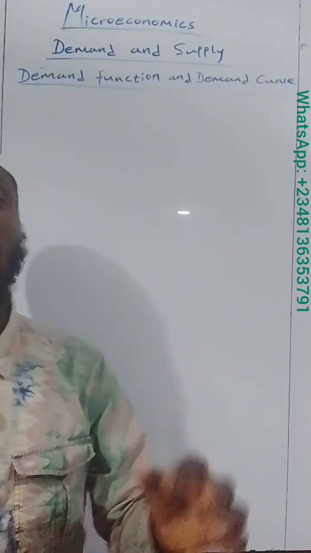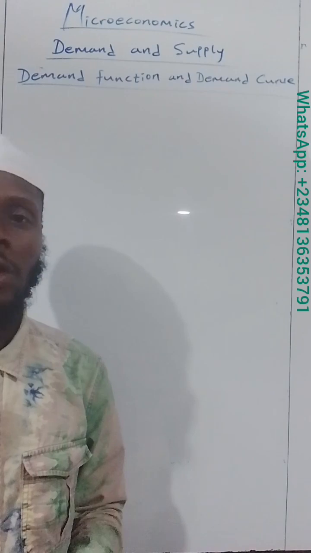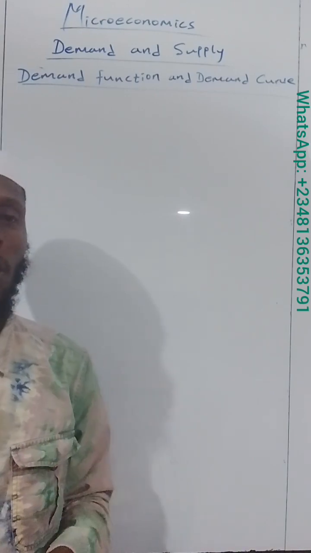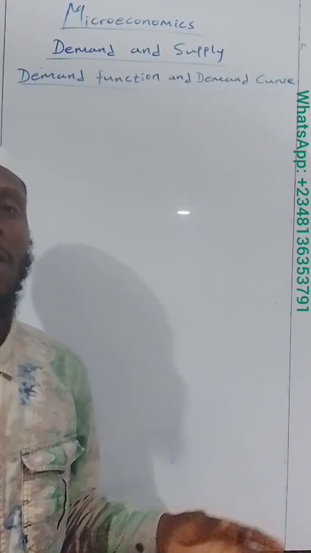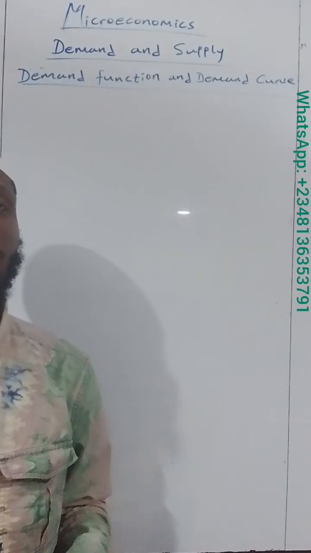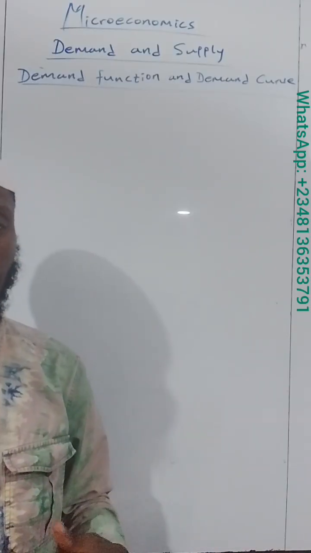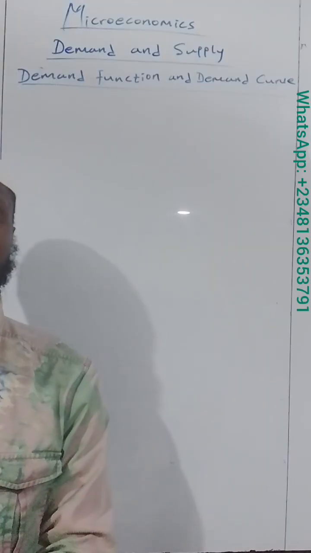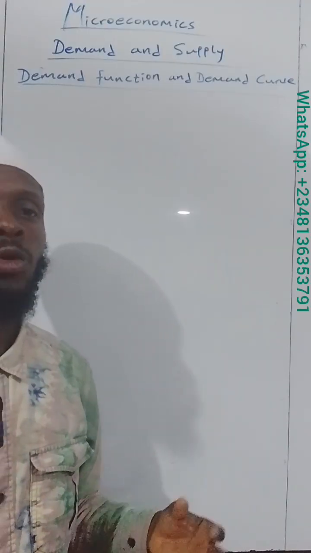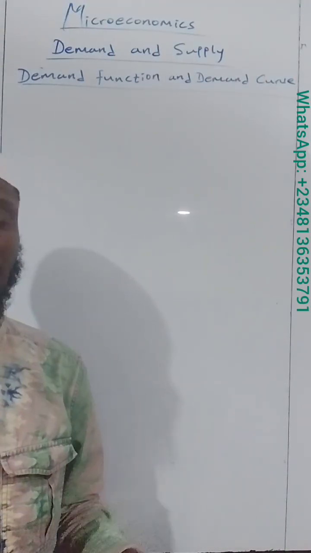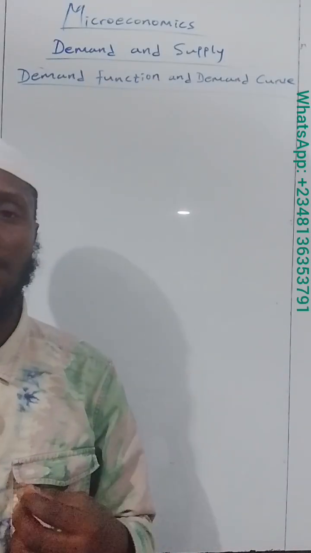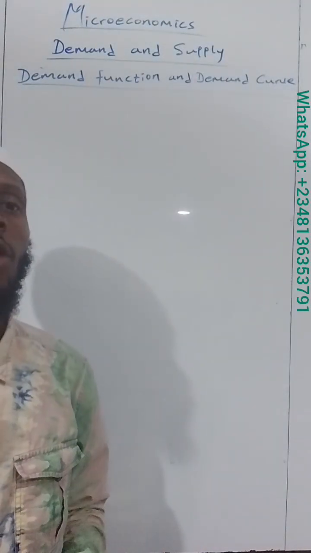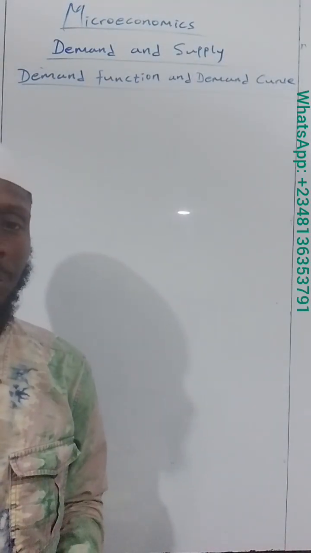It's never all things being equal, but all other things being equal. All other things being equal means that other factors apart from the factor we are considering, which is the price of the commodity, are held constant, but the price is allowed to change. Now we are analyzing the effect of the change in price on the quantity demanded.